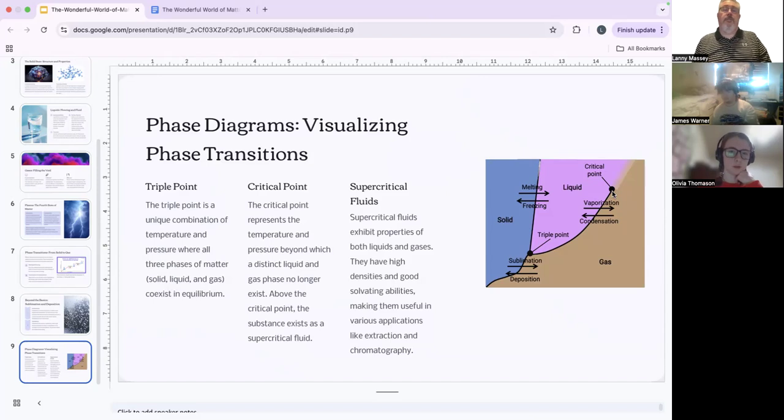Are there any questions over any of this? No one has any questions today, huh? Well, I want you to think about it. Think to yourself, what are the four phases of matter?